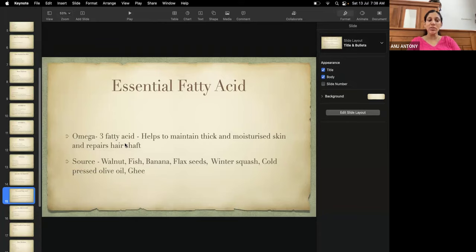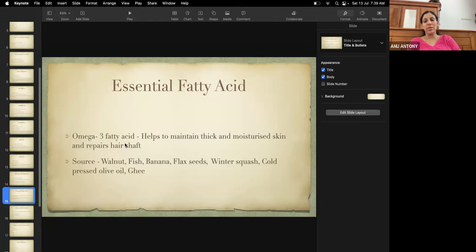So the main sources are walnut, fish, and banana is also a good source. Again, flax seeds is also a good source, but make sure that you are using it in a roasted form. And dosage, as I mentioned, up to 1/4 teaspoon, because flax seeds we give as a treatment for no menstruation or amenorrhea condition.